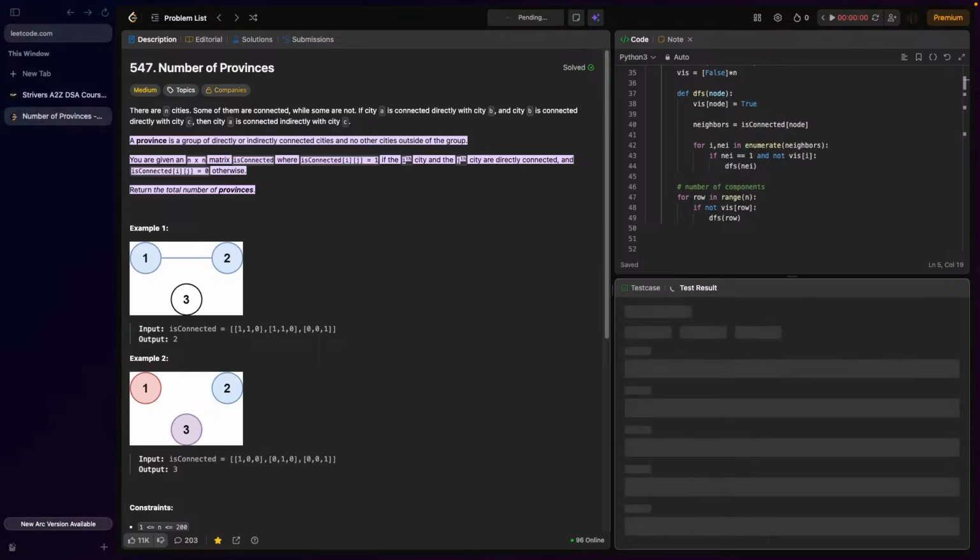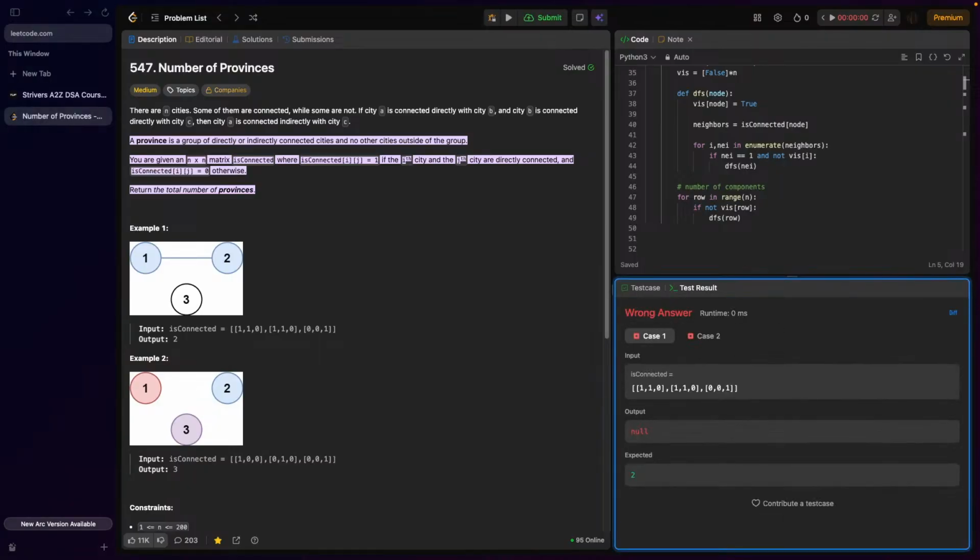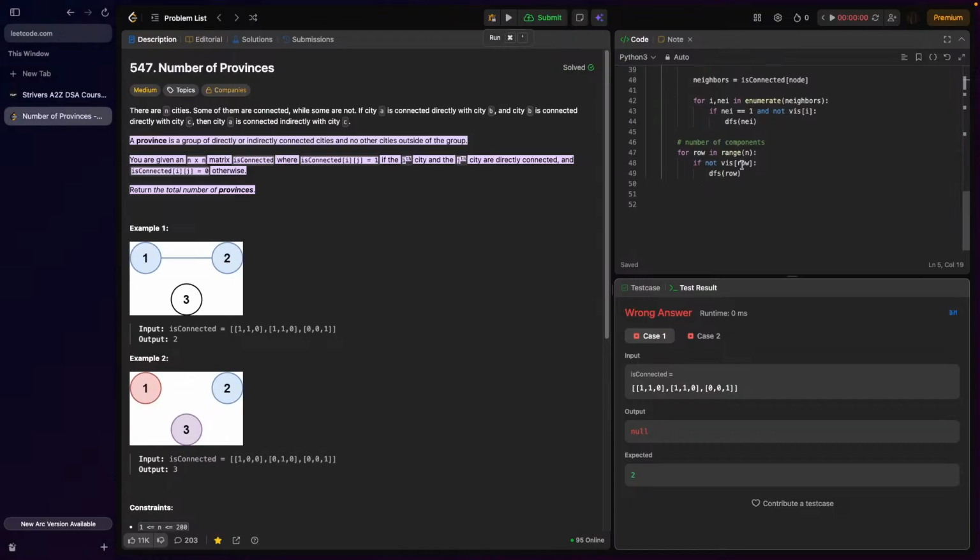Oops. Okay, wait. It's asking the number of components.